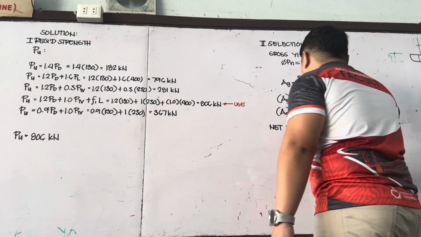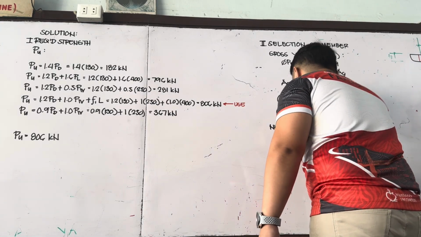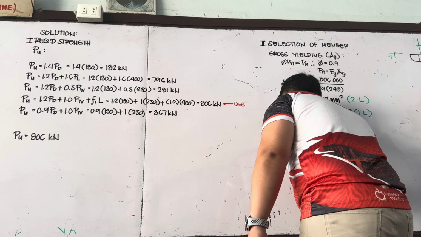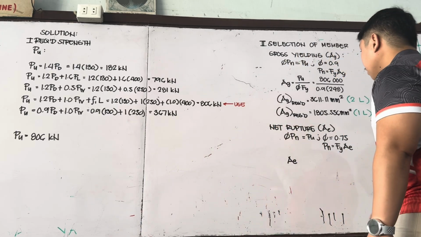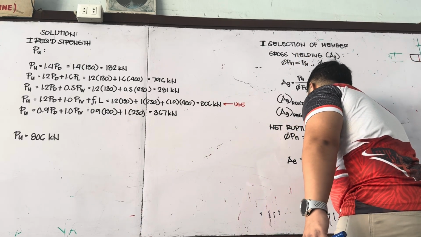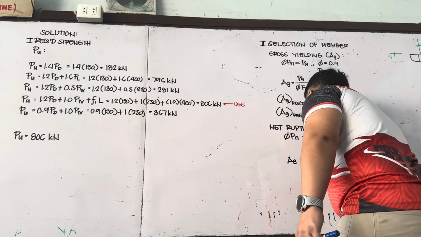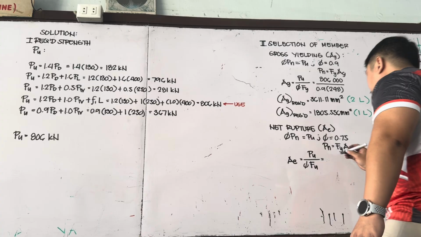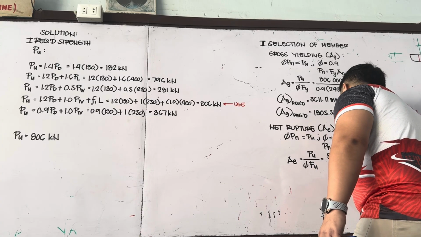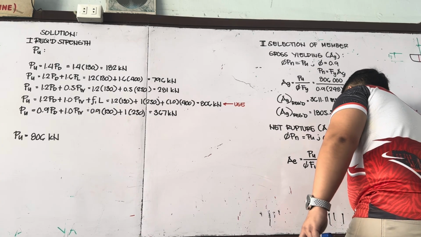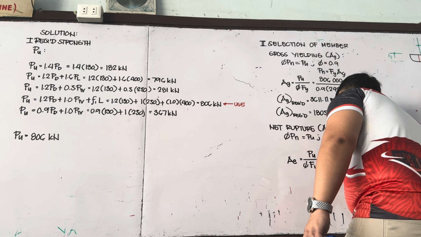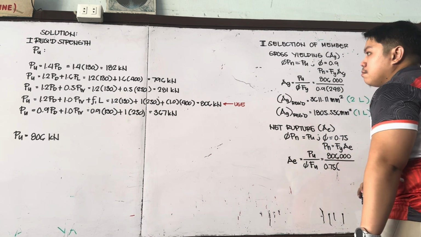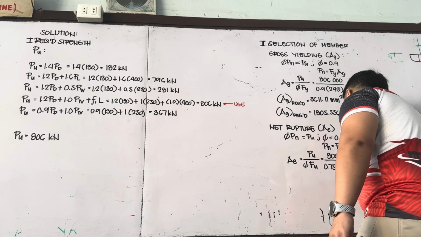Okay? So from this, we can solve for our AE. That is PU over phi FU. Okay, so PU natin is 806,000 all over 0.75 times FU nga 400.